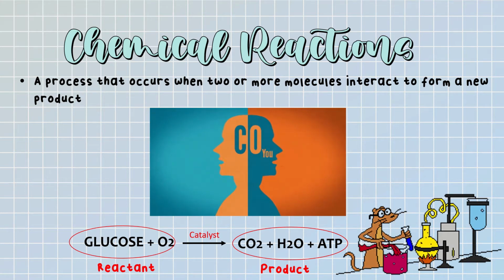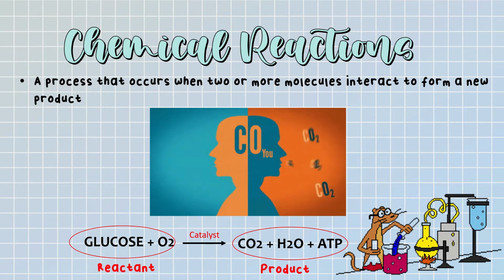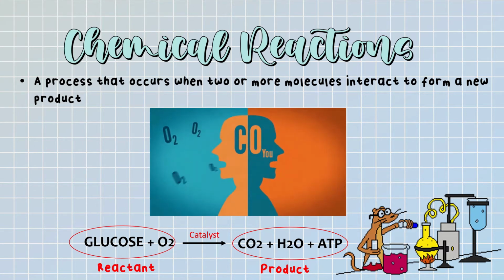Some things that you also need to take note of in a chemical reaction is that a chemical change must occur, which is generally observed with physical changes like precipitation, heat production, color change, and so forth. A reaction can take place between two atoms or ions or molecules and they form a new bond, and no atom is destroyed or created but a new product is formed from the reactant.